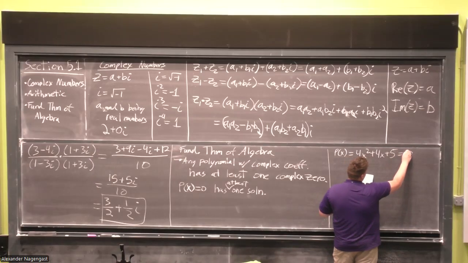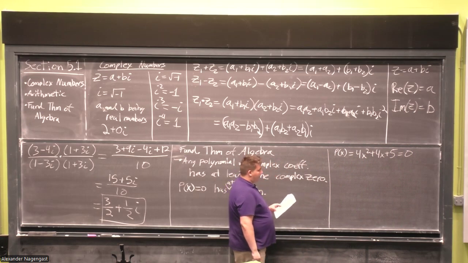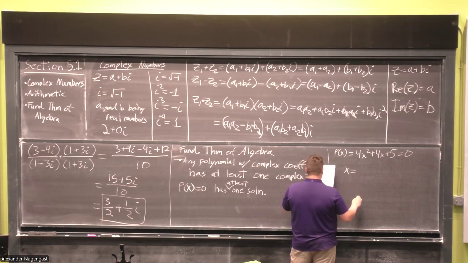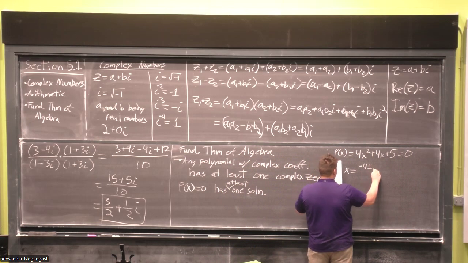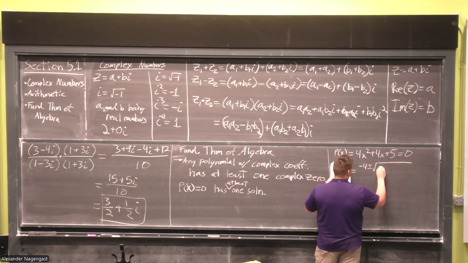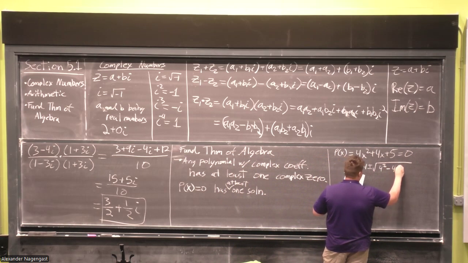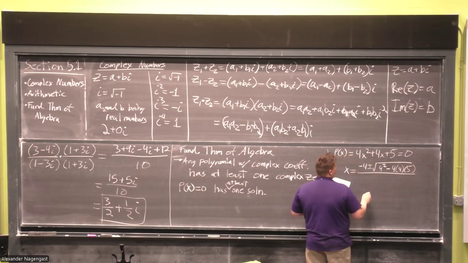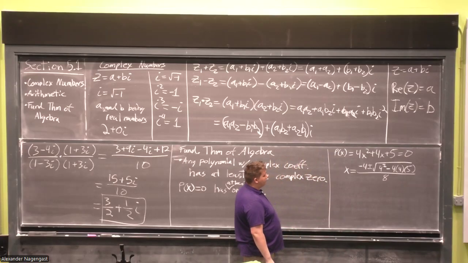And we're going to set this equal to 0. When we put this through the quadratic formula, we get x is equal to -4 plus or minus the square root of 4 squared minus 4 times a, which is 4, times c, which is 5, all over 2a, which would be 8.